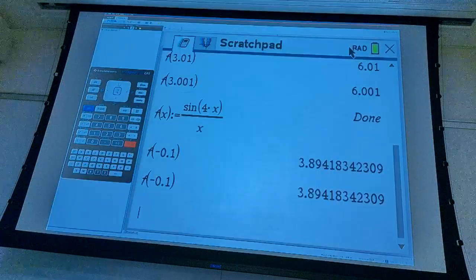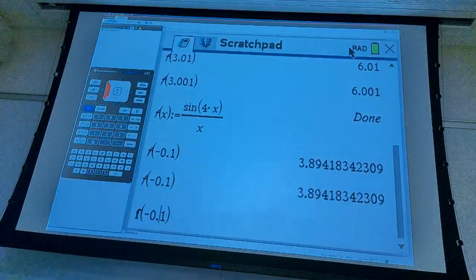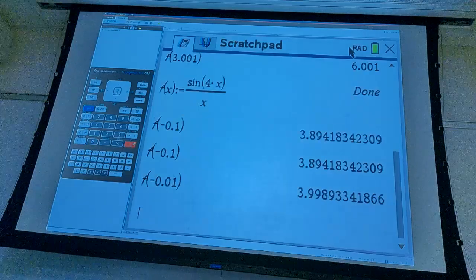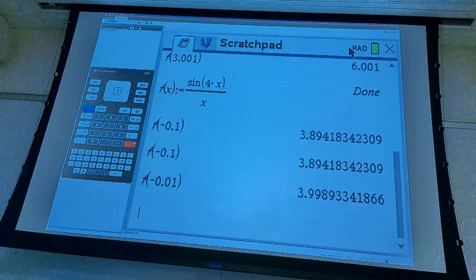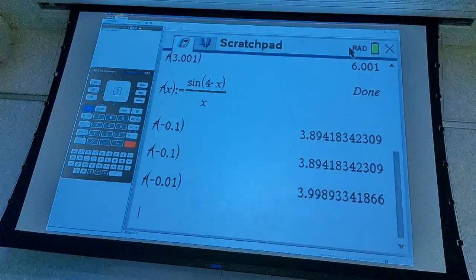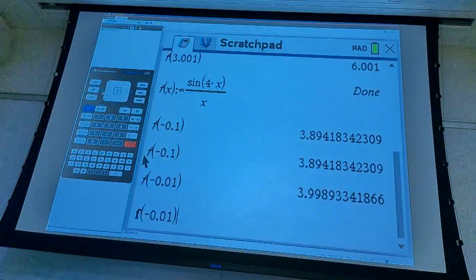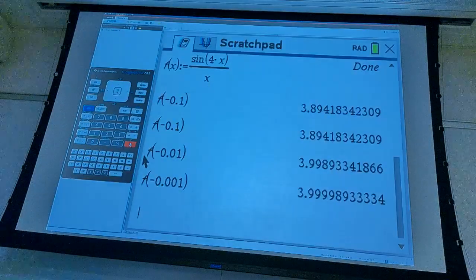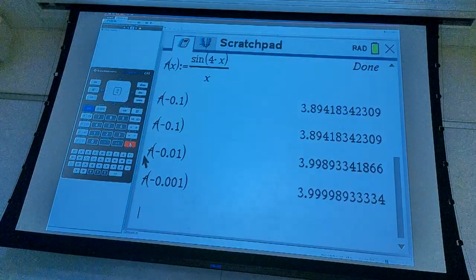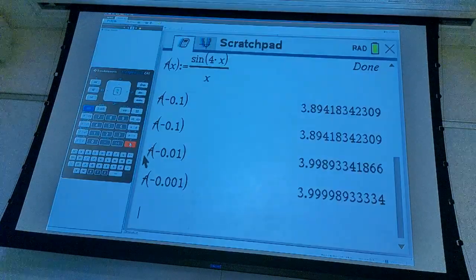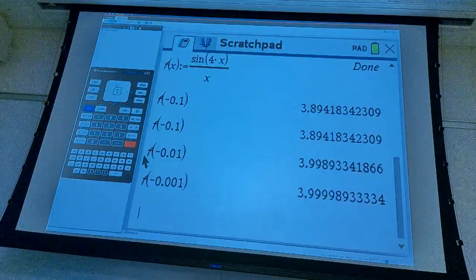No, it's not where I want this to go. 0.01. Negative 0.001. Is that kind of giving us a conclusive answer? Yeah. I would do one or two more.